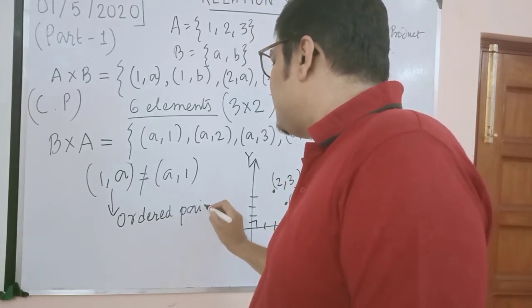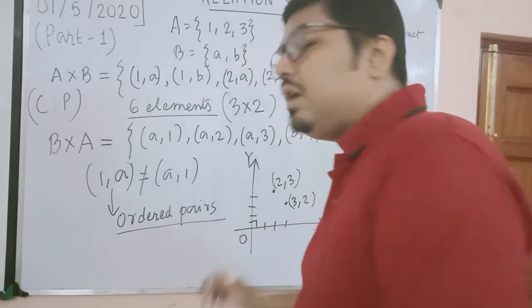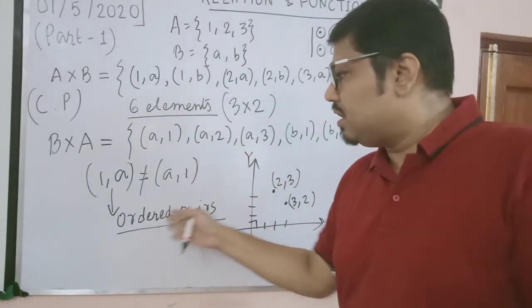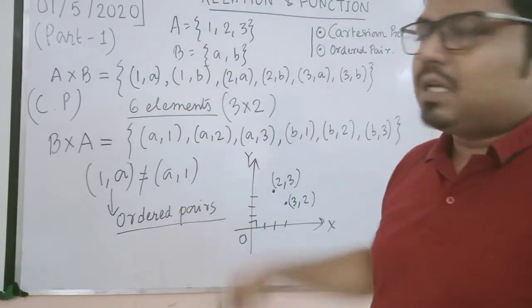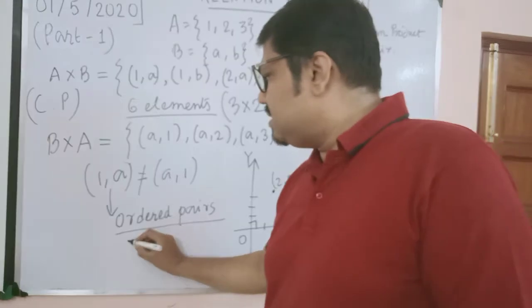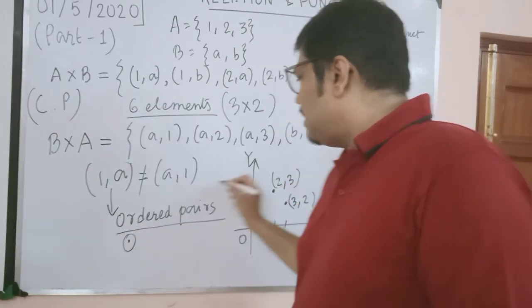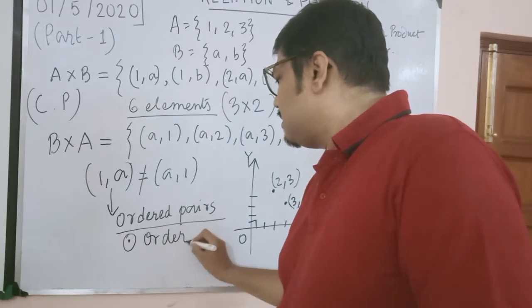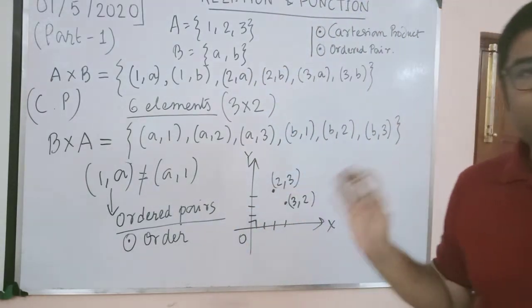So from the Cartesian product we get many ordered pairs. Ordered pairs are the product between two set elements. What is the first point of ordered pairs? The order should be there. Order is important, it matters.